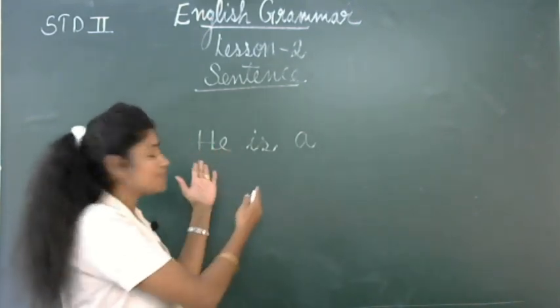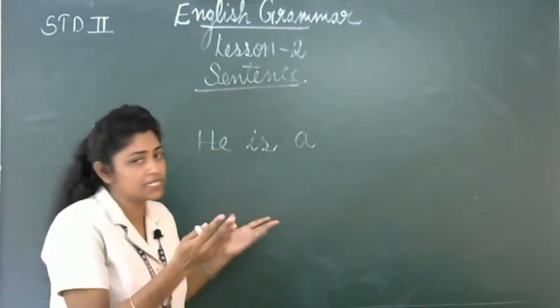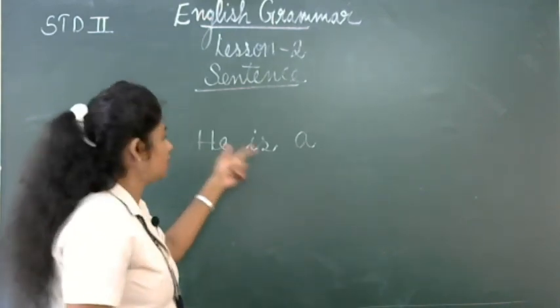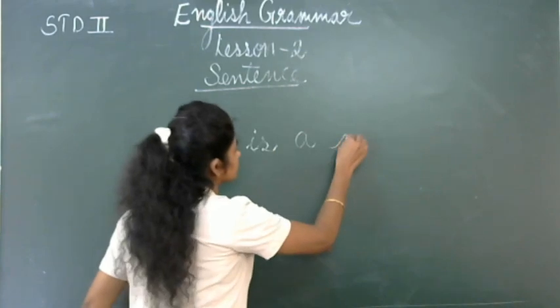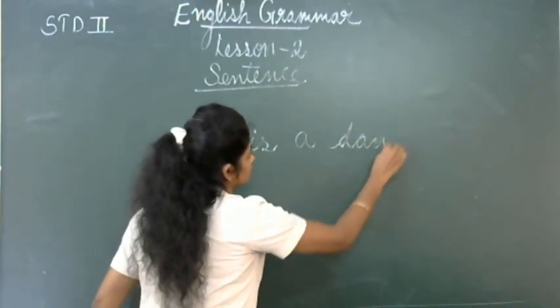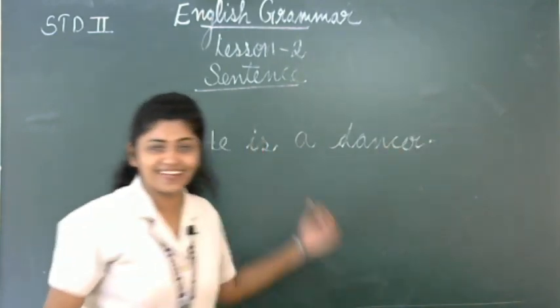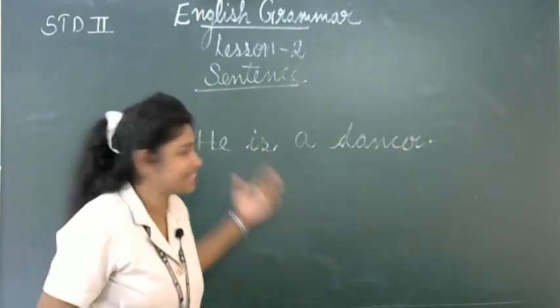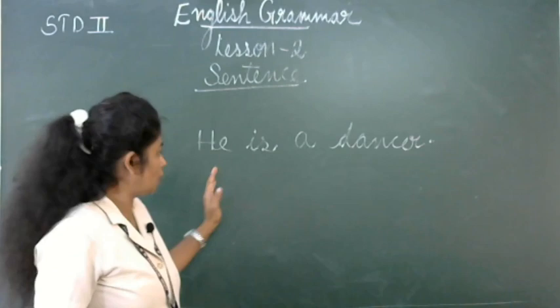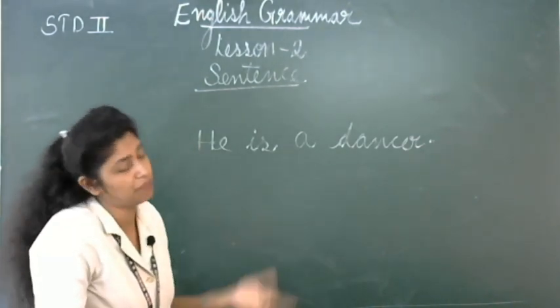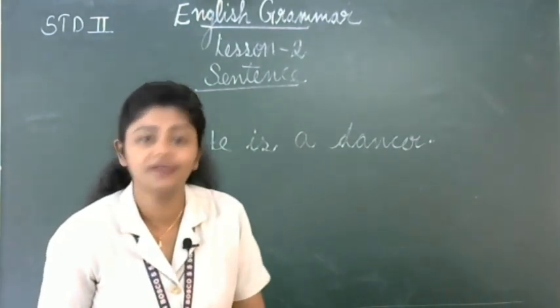No. Because this is incomplete. It is not making any sense. Now I am going to complete this. He is a dancer. Now it is clear. Alright. So it should convey a complete sense. A simple group of words will never make a sentence.